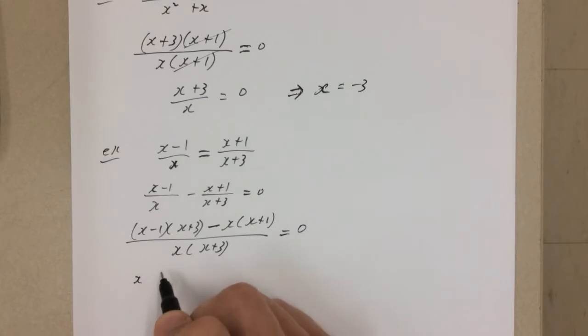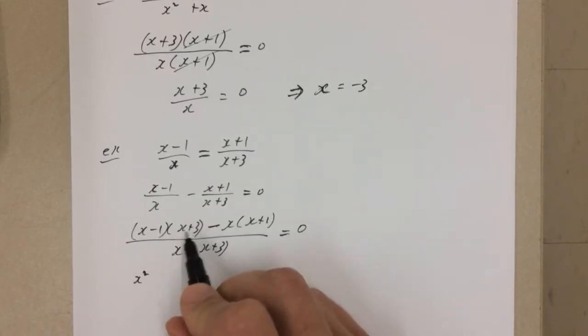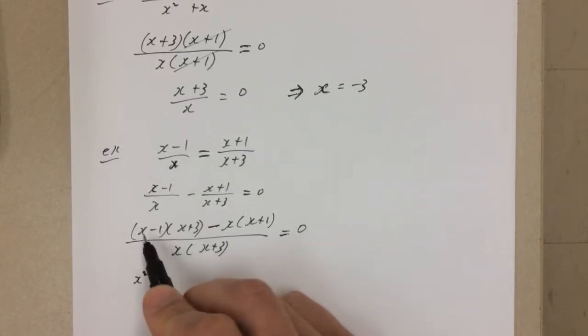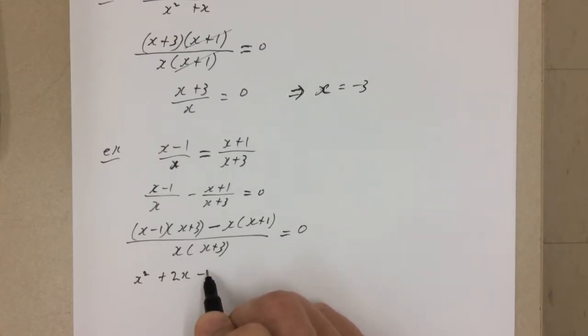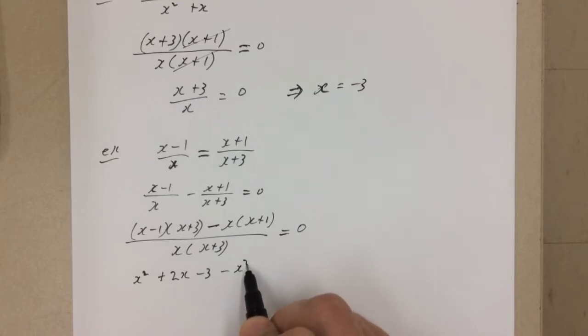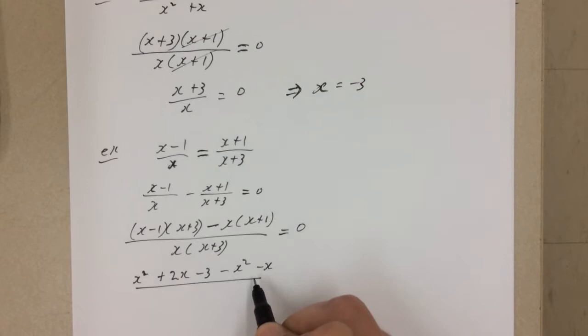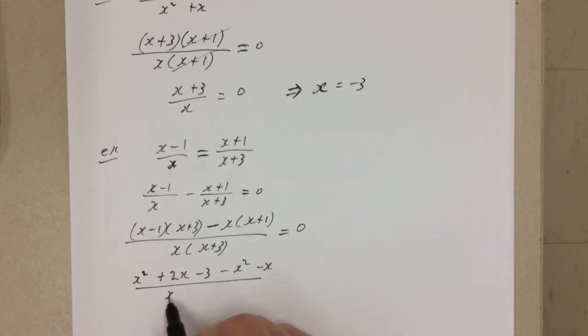So we're going to have x squared, and minus x plus 3x is going to be plus 2x minus 3. Then minus x squared minus x, over x times x plus 3 equals 0.